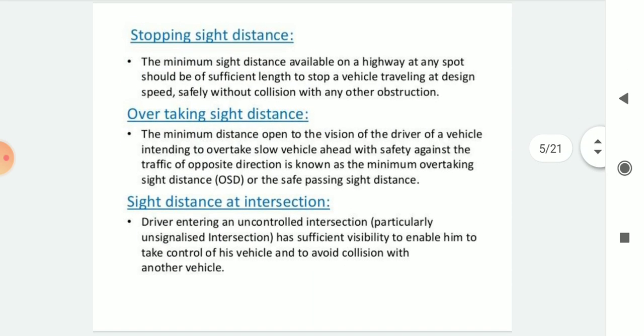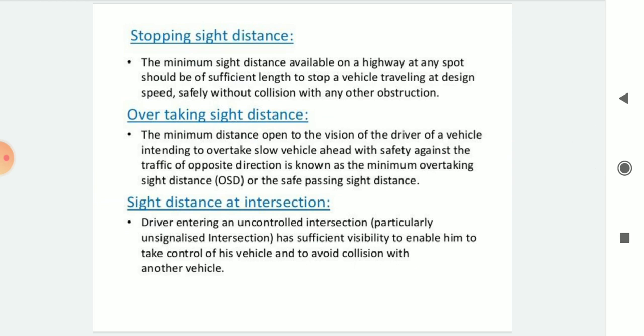Let's start with the stopping sight distance. Stopping sight distance is the minimum sight distance available on the highway for a moving vehicle to come to a halt safely without colliding with an obstruction. It is the addition of the lag distance and the braking distance. It is also called non-passing sight distance.